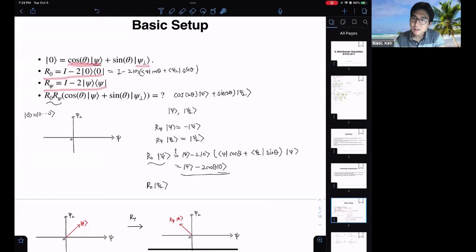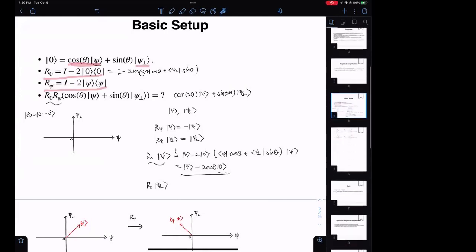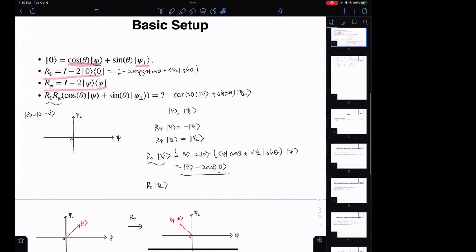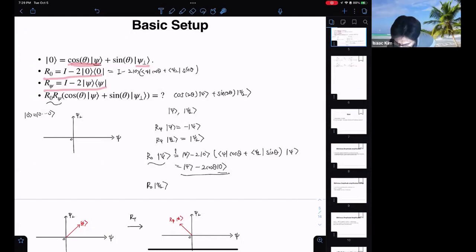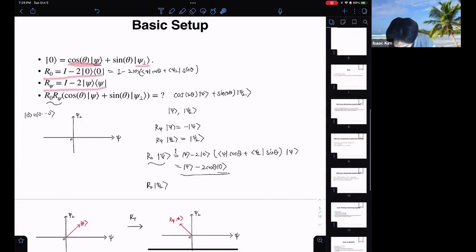My suspicion is that I changed the sine and cosine. So basically the scheme is designed to bring the state vector closer and closer to the direction of the psi axis. Yeah, right, whatever you desire.